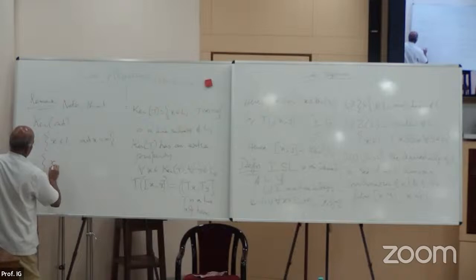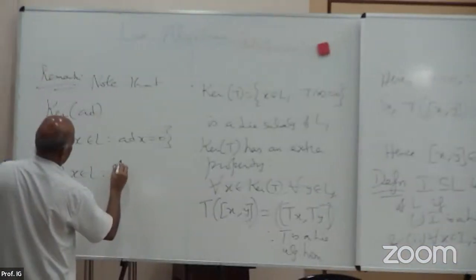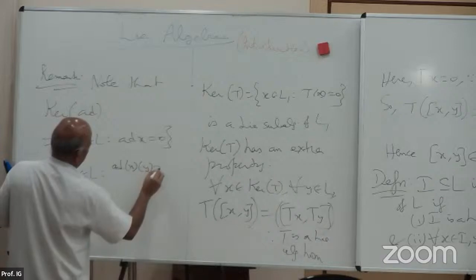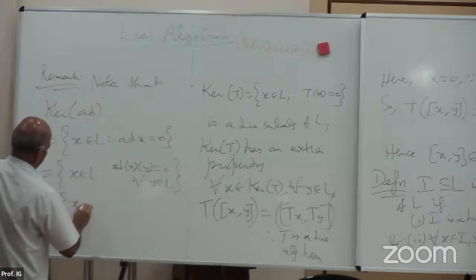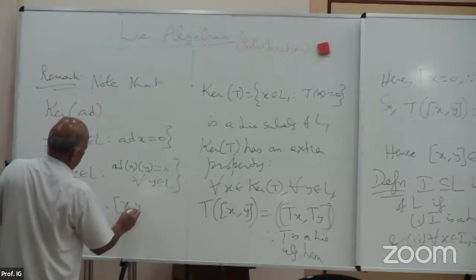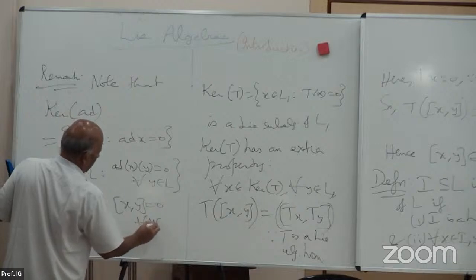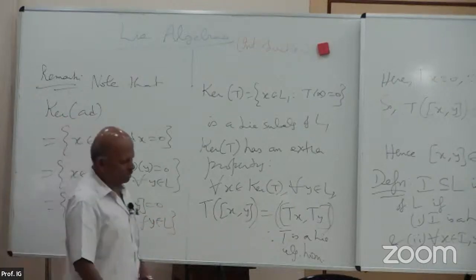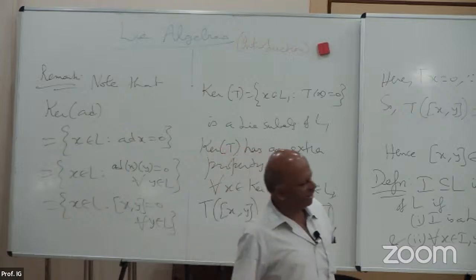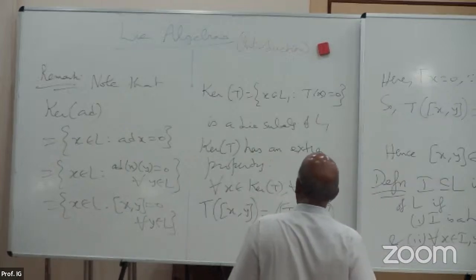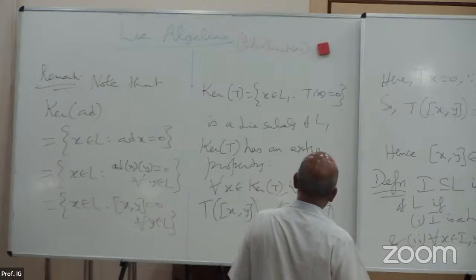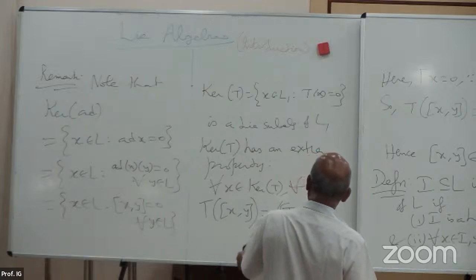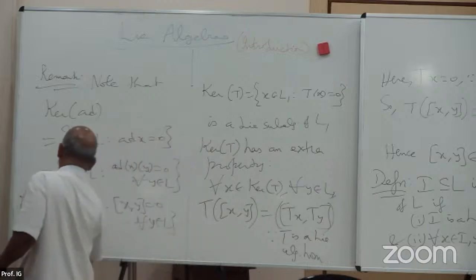That means all the elements such that ad x of y is 0 for every y in L. This is the same as the set of all x in L such that [x,y] equals 0 for every y in L. So I'm just remarking what the kernel of the adjoint representation we talked about is. The kernel of ad is the set of all x in L such that ad x is 0. ad x is 0 means it's a linear transformation, so it should be 0 at every y. That precisely means this, and this is nothing but the center of L.